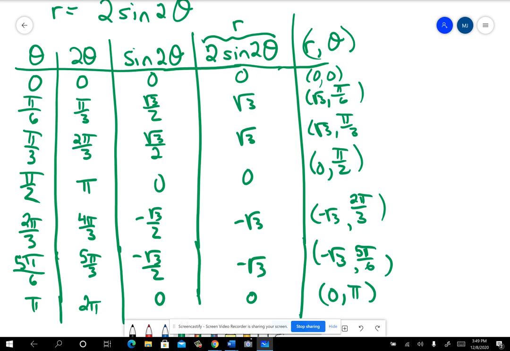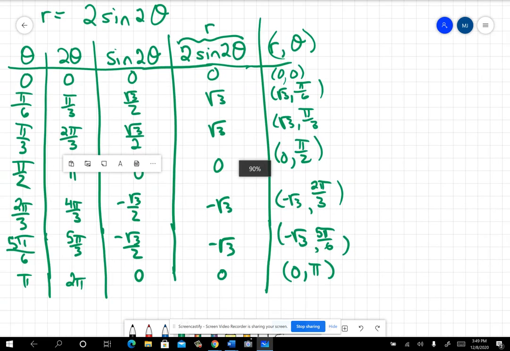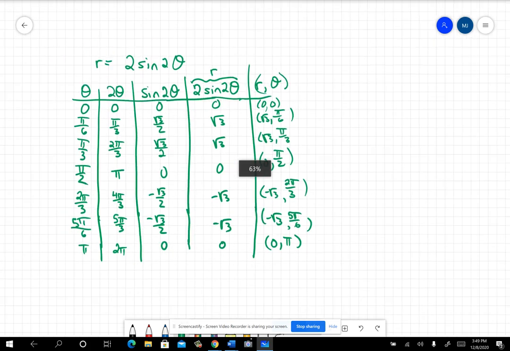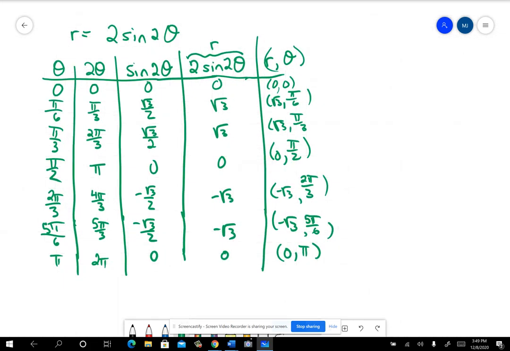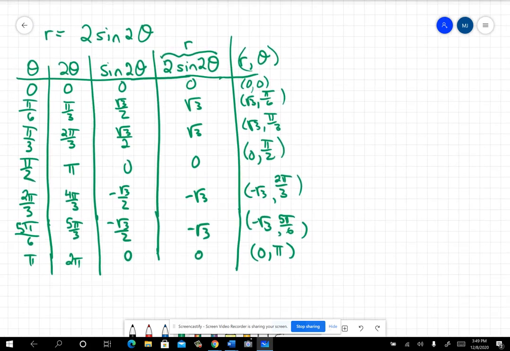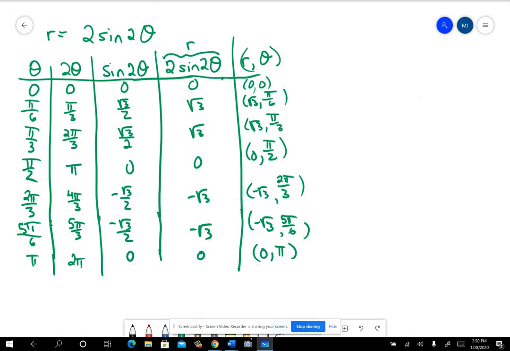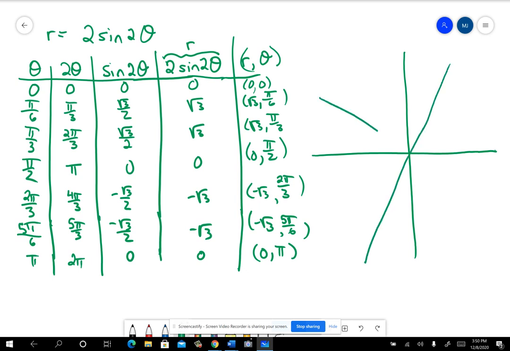Okay, so here's the issue. When you plot just that information, I'm going to squeeze this just a little bit. When you take that information and you try to put it on a polar graph, all right, so your 30, 60, 90s, let me draw those in.